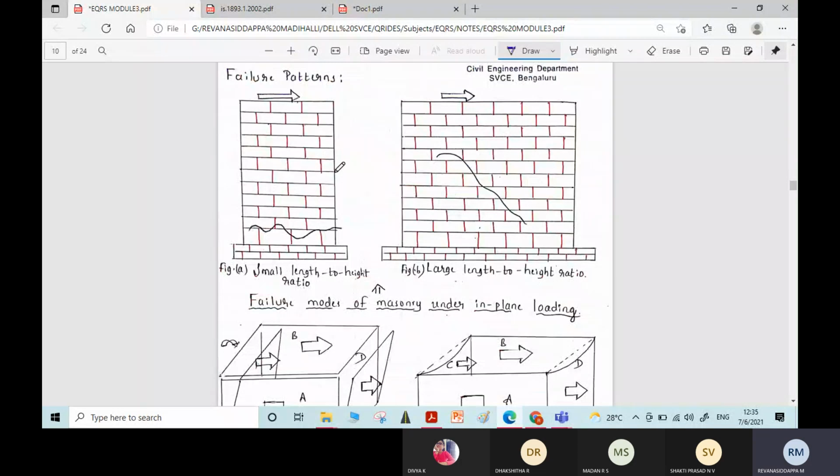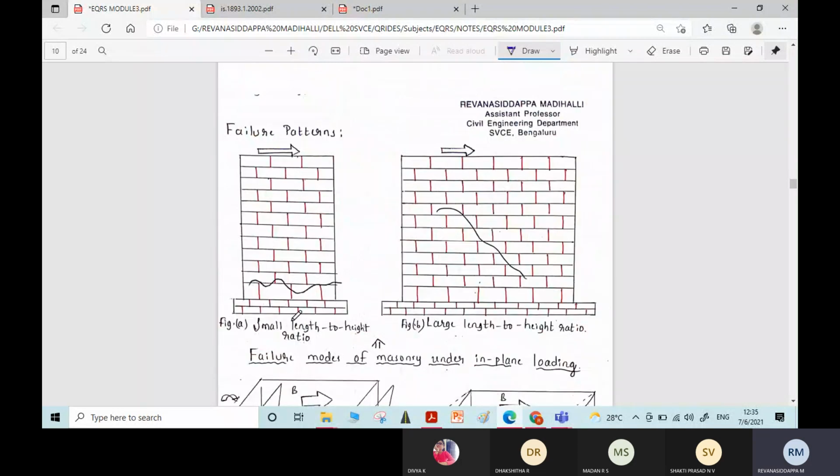Here you can see the first case, where the ratio of length to height, if you take L as the length of the wall and H as the height of the wall, is less.